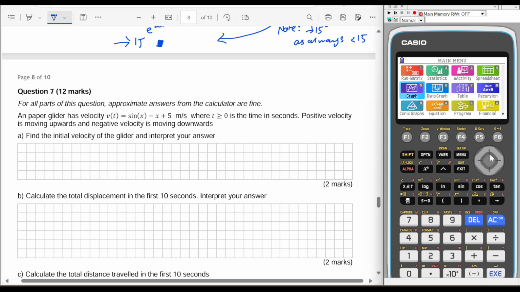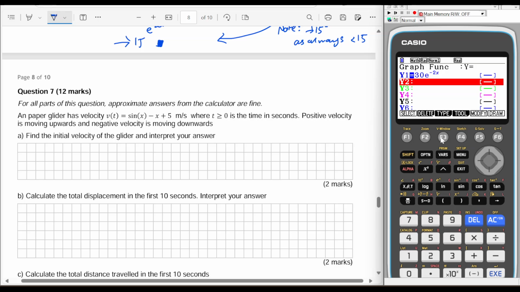Calculator question. Kinematics. So let's graph this. You want to make sure you're in radians because it's a trig graph. So sine of x, take x plus 5. If you want to be extra careful, because I'm not exactly sure how the Casio is going to handle this, put sine of x in brackets like that, just in case it does x take x all in the sine.